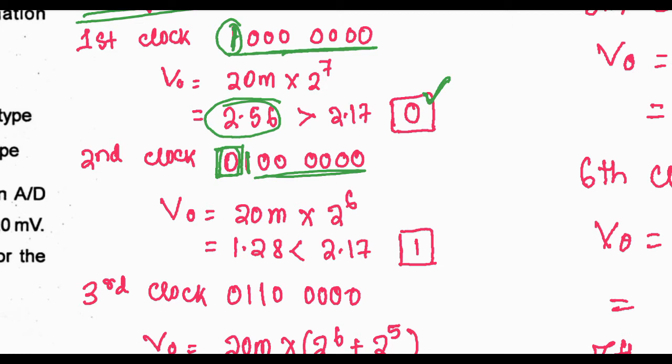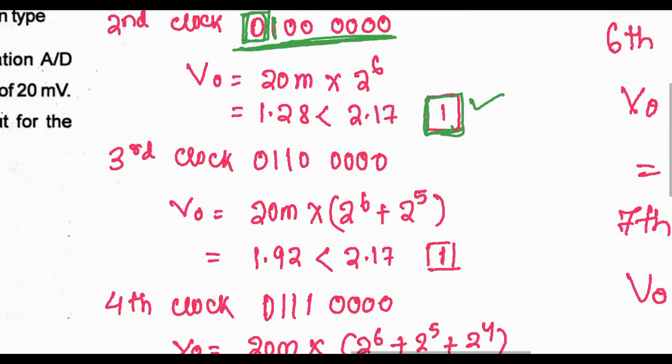The output voltage will be 20 millivolt, the resolution, times 2 to the power 6, because the total decimal conversion is 2 to the power 6. What we get is 1.28, which is smaller than 2.17, the given analog input. As this is smaller than the analog input, the bit will be 1, so we retain that one.